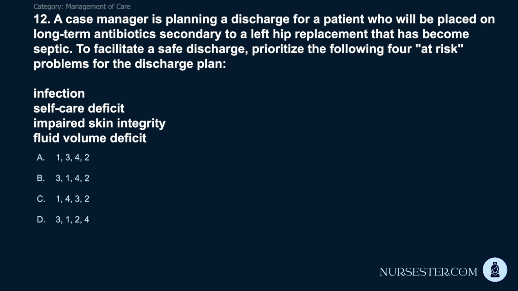Fluid volume deficit. A. 1, 3, 4, 2. B. 3, 1, 4, 2. C. 1, 4, 3, 2. D. 3, 1, 2, 4. Correct answer, C. 1, 4, 3, 2.